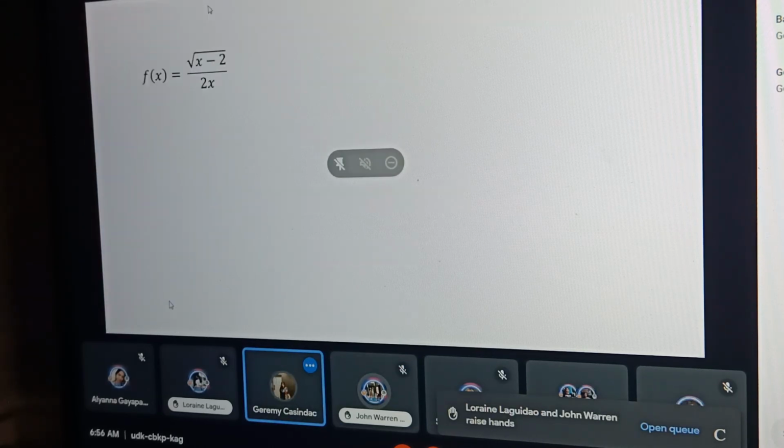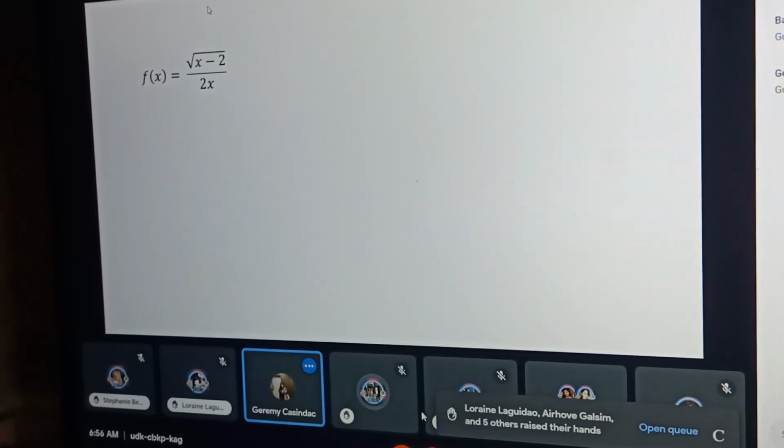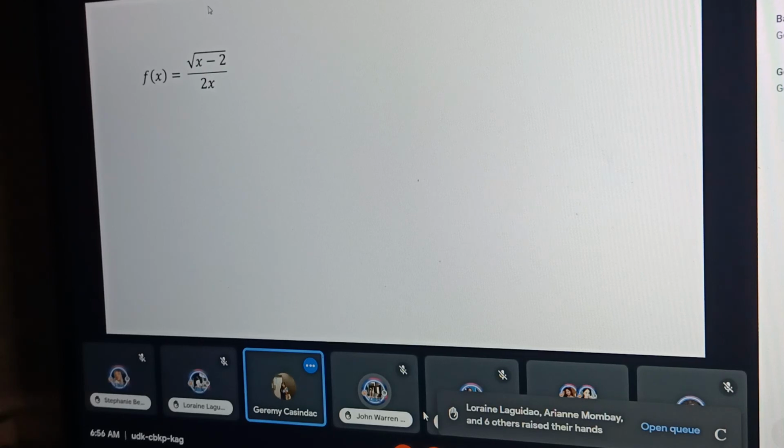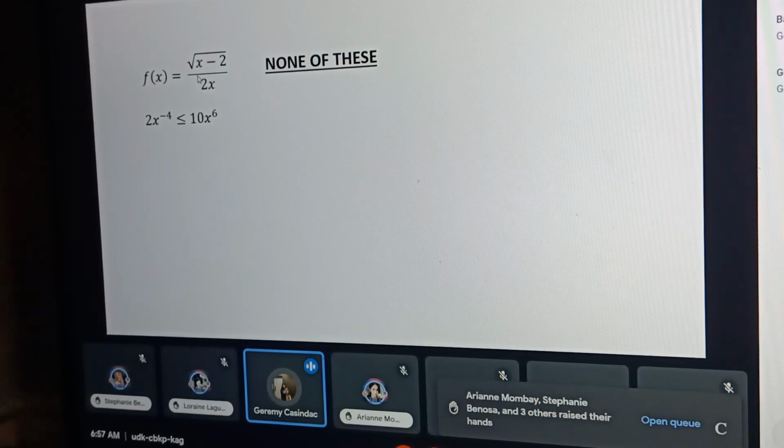How about this one? De Vera? None of these po. That's correct. Why? Because our expression is not a rational expression since it has a radical sign. And this one, 2x raised to negative 4 is less than or equal to 10x raised to 6.